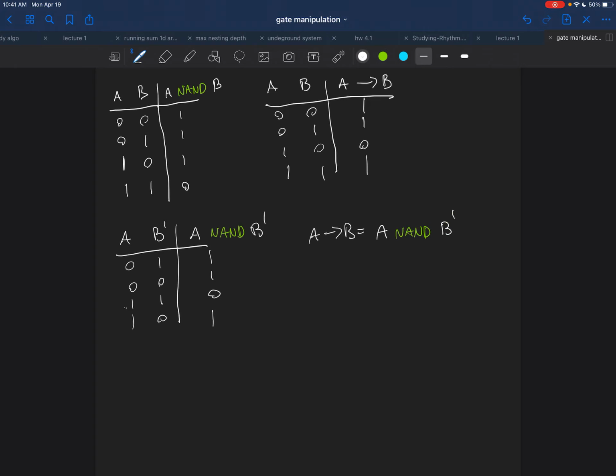Great. Now, if you think about it logically, this is saying, okay, if you have A for sure, and there's a B prime, it's like you can't have A not imply B, right?